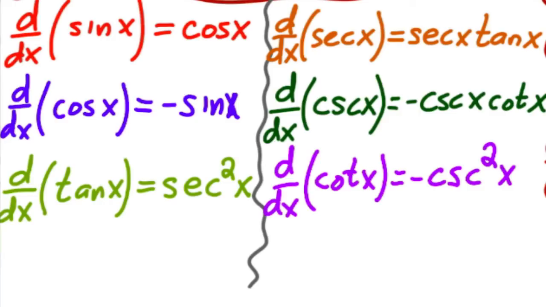And then tangent, the derivative of tangent is secant squared, but the derivative of cotangent is negative cosecant squared. So those are similar in that respect. And these two are similar also. They're just negatives of each other. And here we have secant tangent, and here we have cosecant cotangent. So once you practice them, it's not that hard to figure them out.